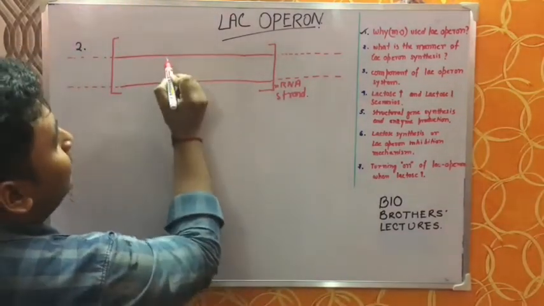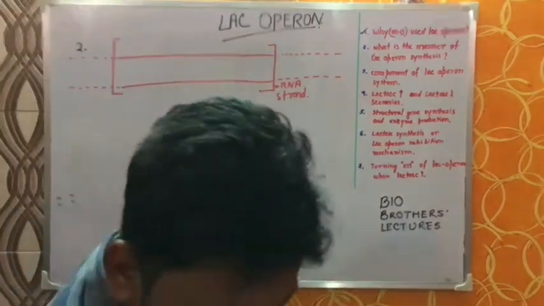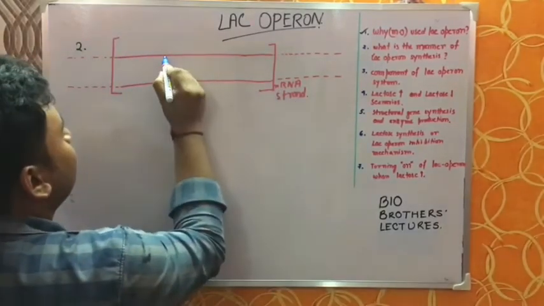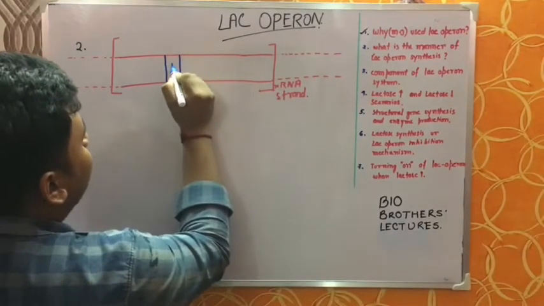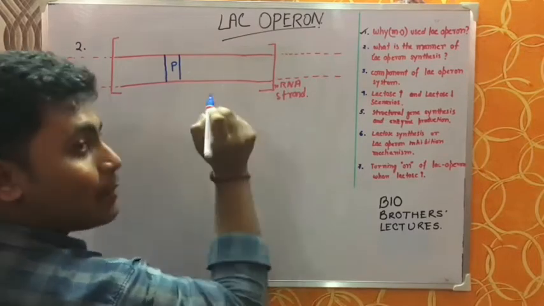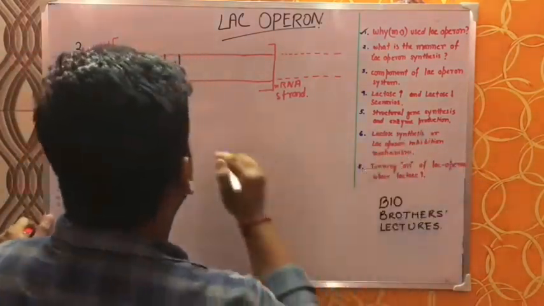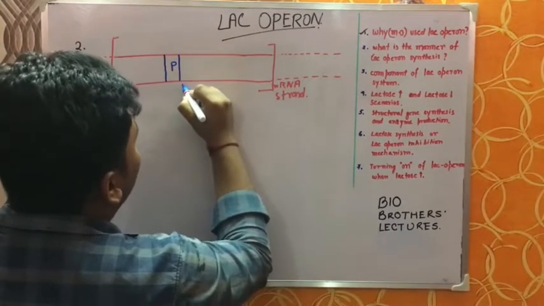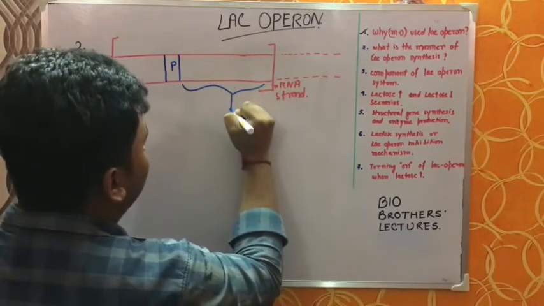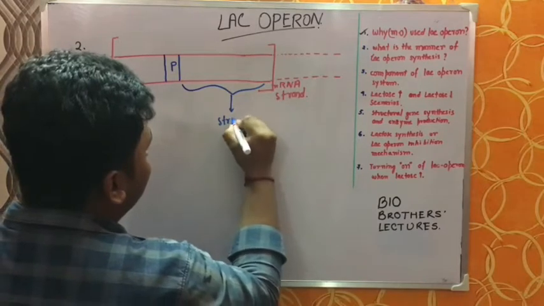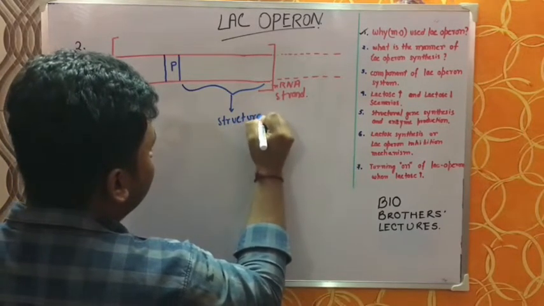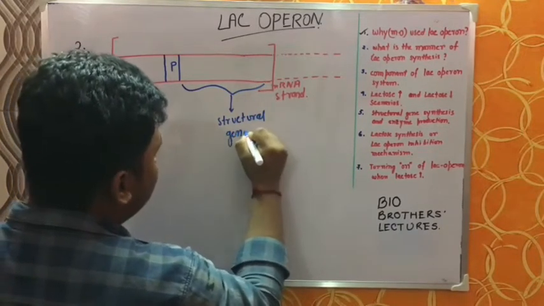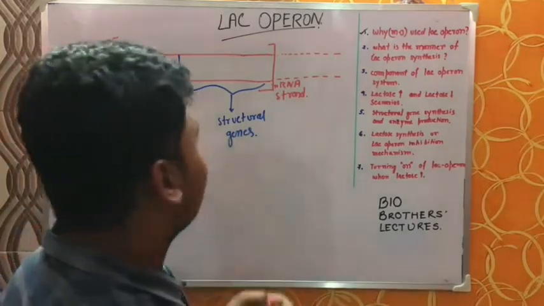In the lac operon there is a promoter, the P sequence, and there are several structural genes. We will make it more detailed in the next lectures. These are structural genes which ultimately catabolize lactose.